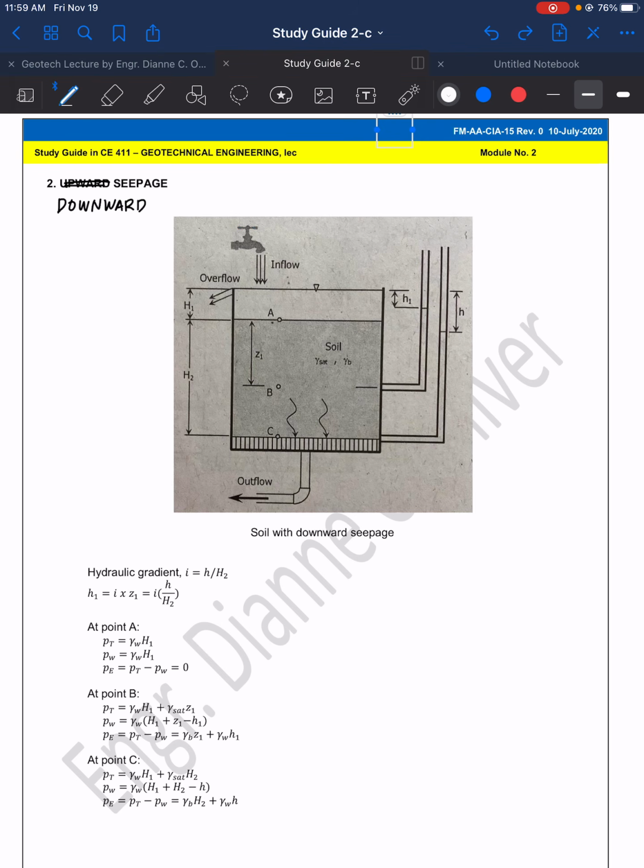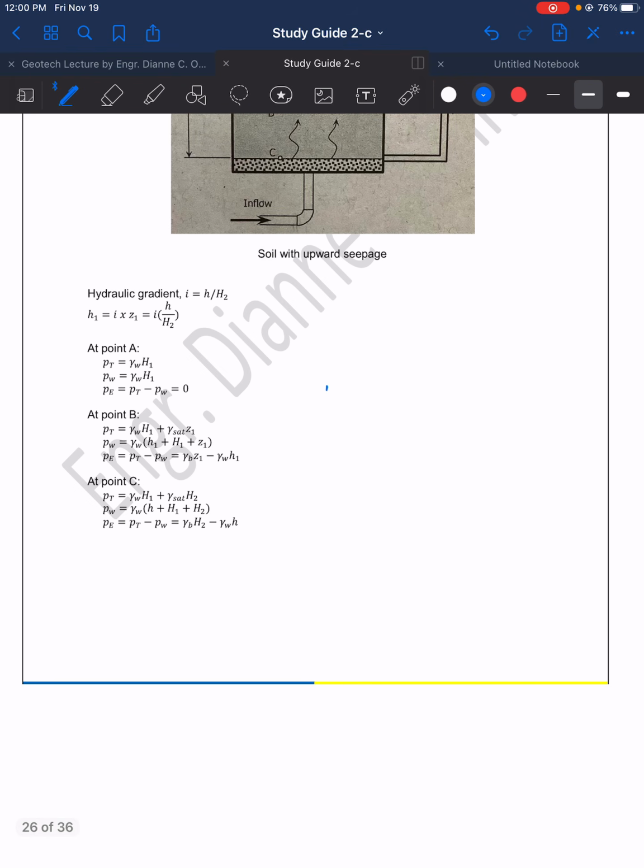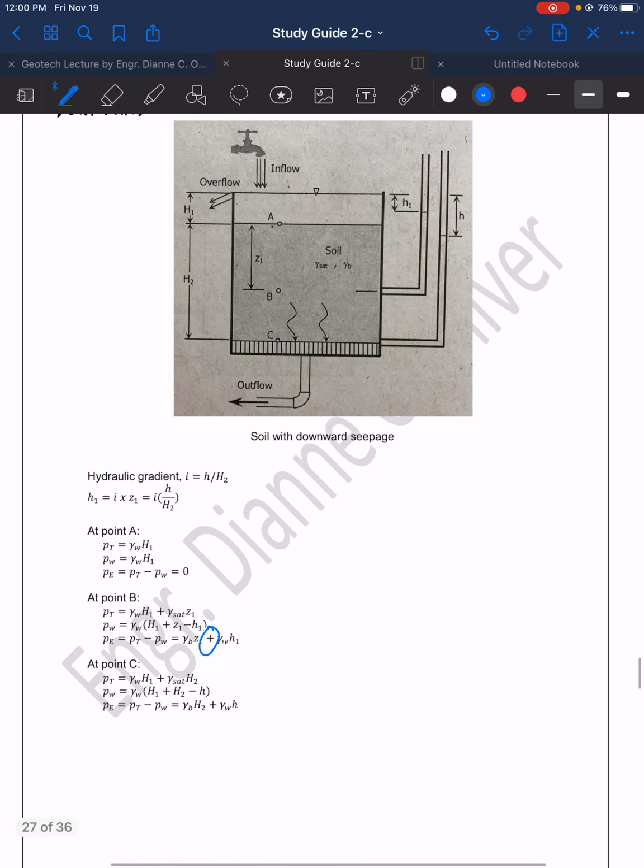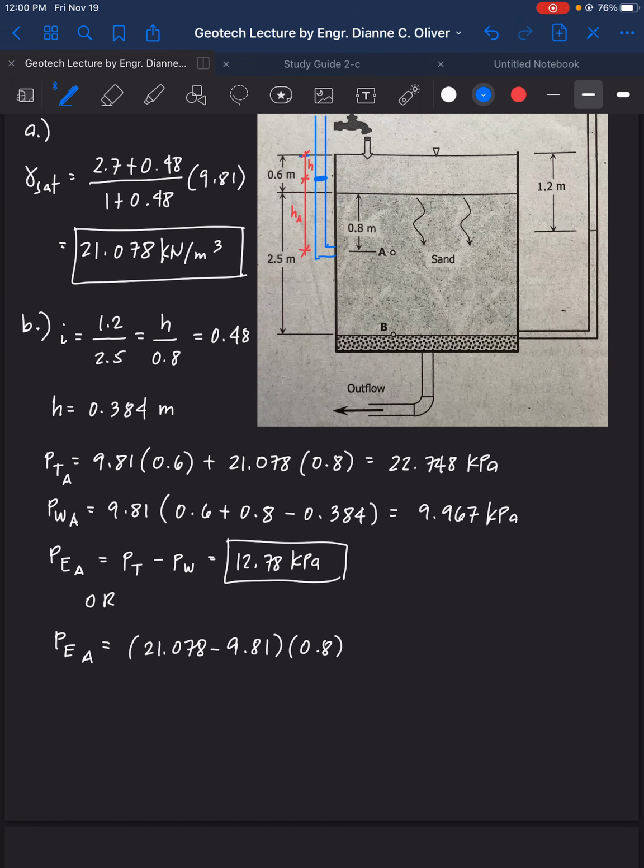Then a while ago we said that for the shortcut, the downward is positive, whereas the upward is negative. So we will put here plus 9.81 of the water, H, 0.384. So P E is the same, 12.78 kilopascal. Okay.